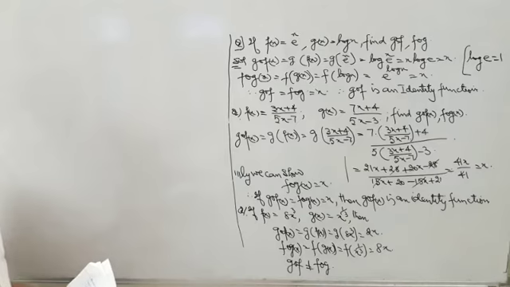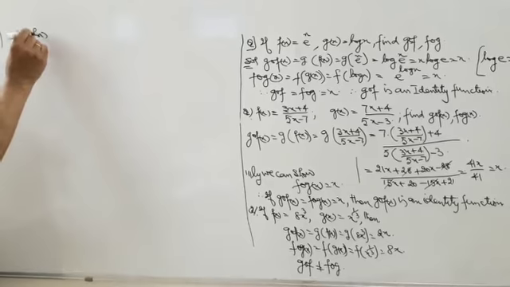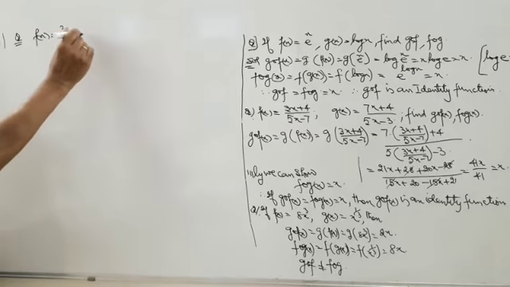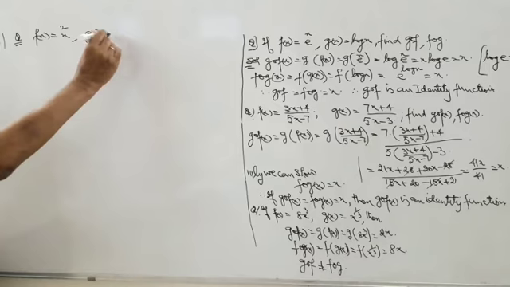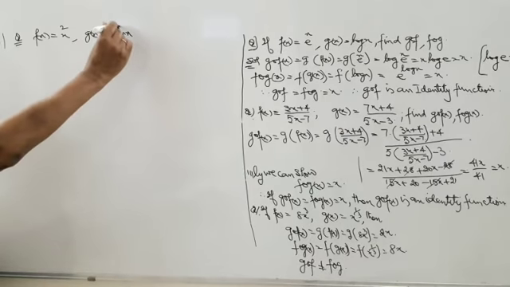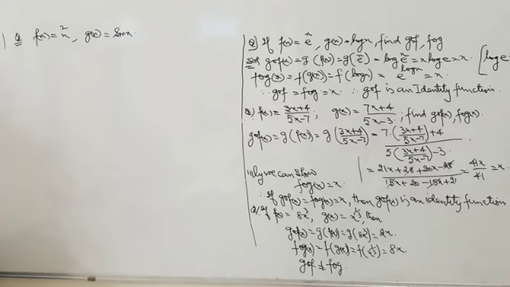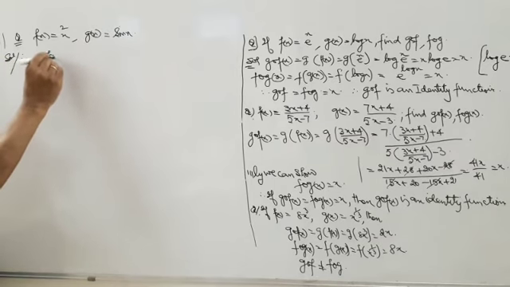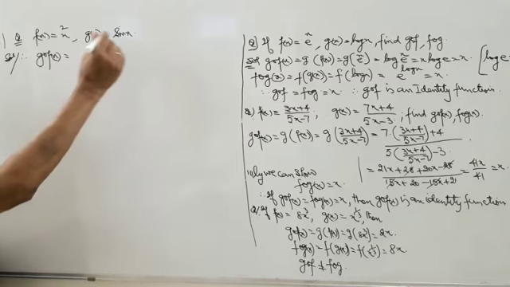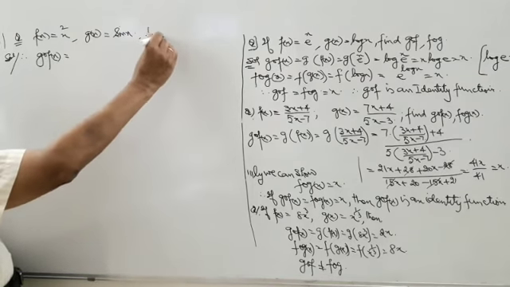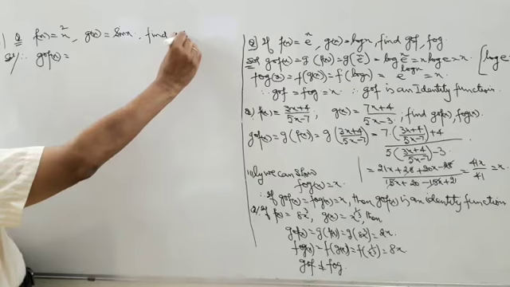Check out. Now we go for another question. You can add here. This is again a very important question to make the concept clear. That is, f(x) is equal to, say, x square, g(x) is equal to sin x. Write here, find g circle f, f circle g.